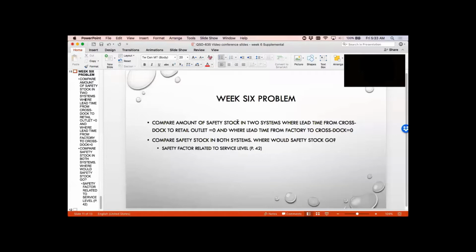So in the first example, basically total lead time is L1 plus L2. If it takes us 3 weeks to go from the manufacturing facility to the cross dock, and 3 weeks to go from the cross dock to the retail outlet, then it's a total of 6. So they're saying, think about if the time to go from the cross dock to the retail outlet is 0.